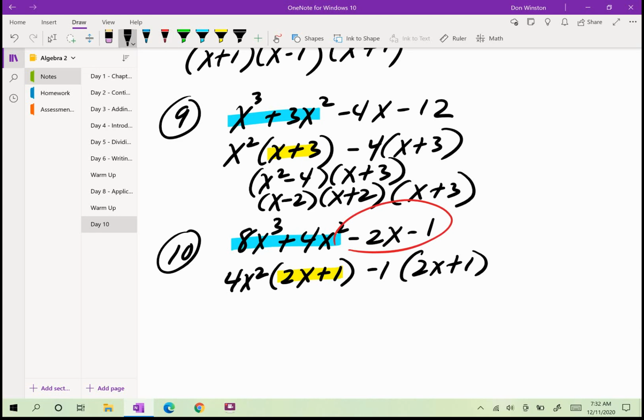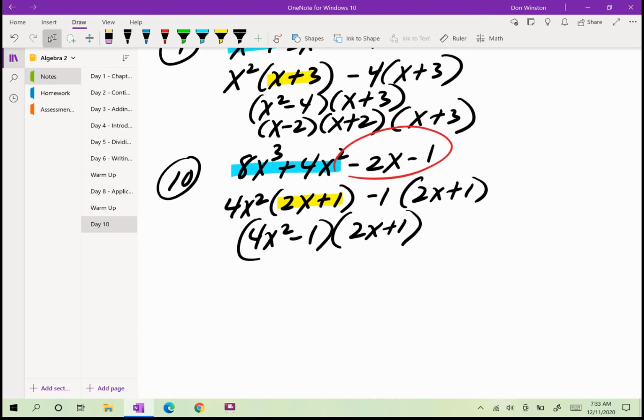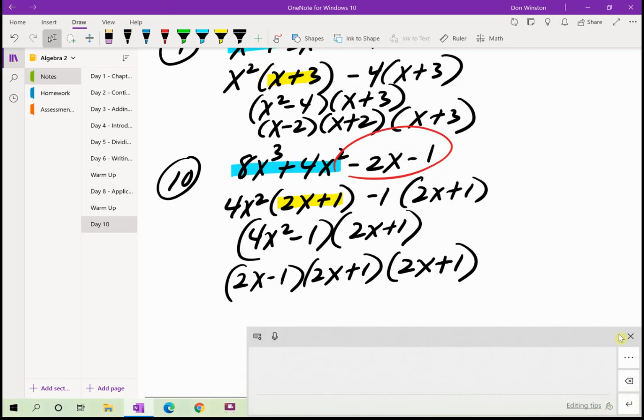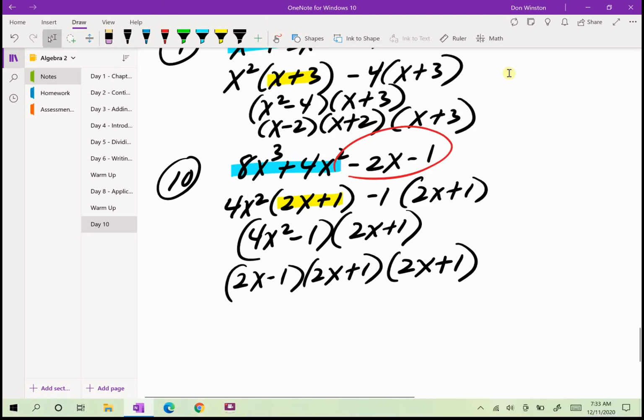All right, so then I'll have 4x squared minus 1 times 2x plus 1. And then I have a difference of squares, and that will be 2x minus 1 times 2x plus 1, and then times 2x plus 1. Okay, so that's where we're going here. And then we'll begin factoring by zeros, or to find the zeros.